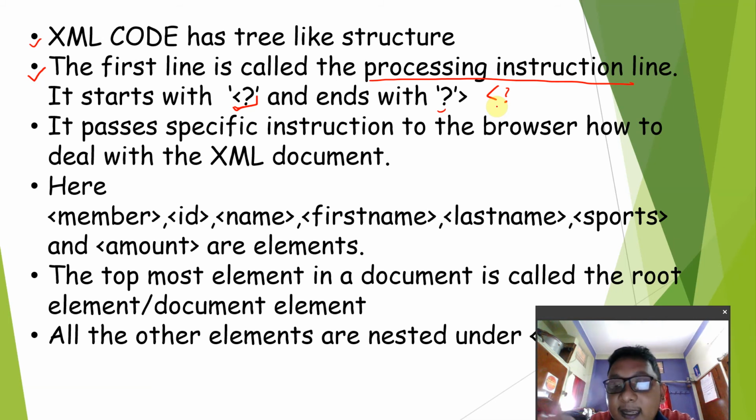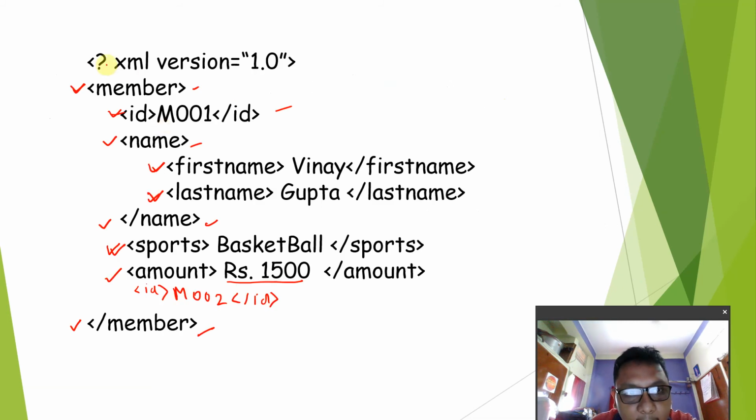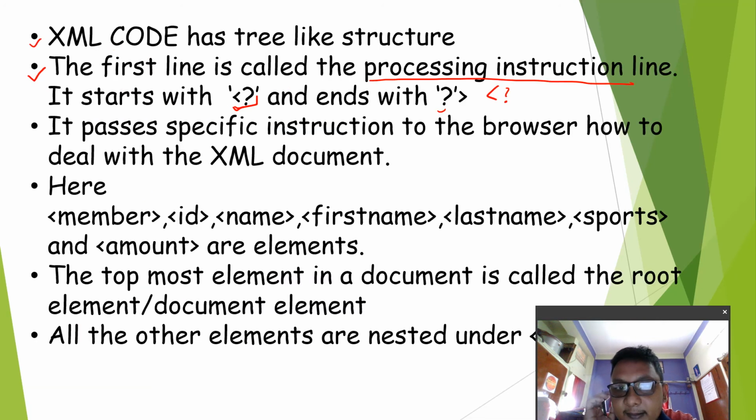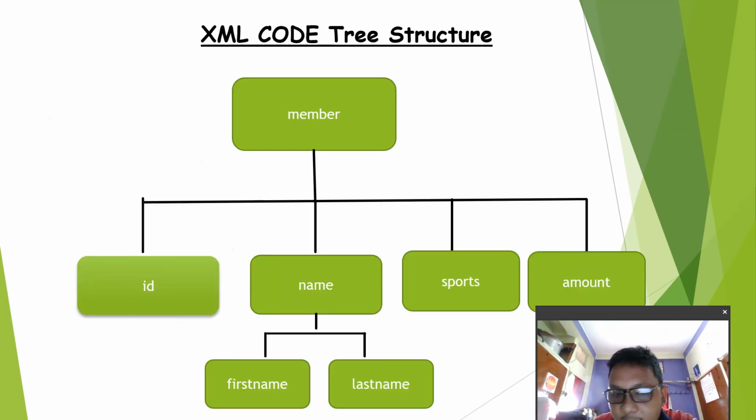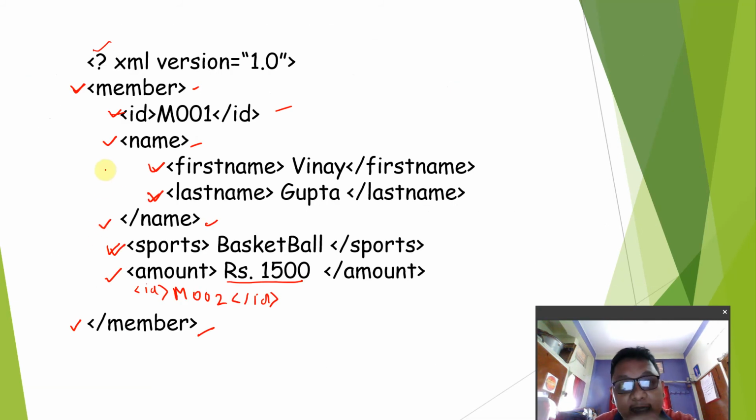So it is like a start symbol for the scanning of the XML document, and also the end symbol, because at the end, after all the scanning, a particular XML code also ends with a question mark.